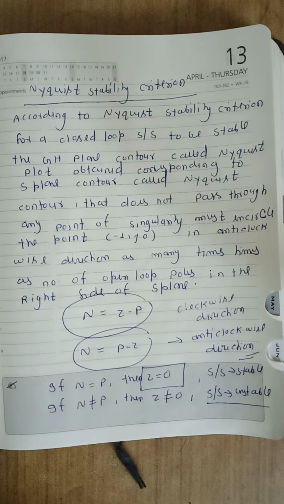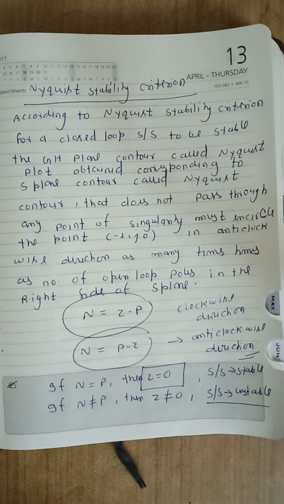So in numerical we have open loop transfer function. First we will define Nyquist contour and make sure, according to the principle of argument, Nyquist path should not pass through the singularity points of transfer function.